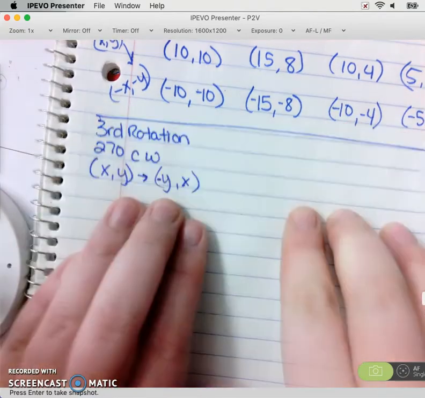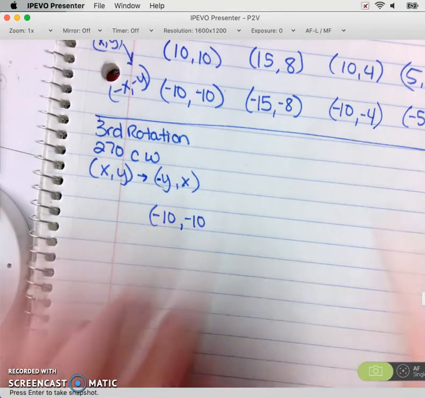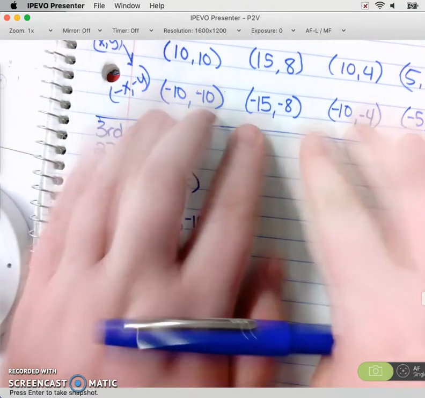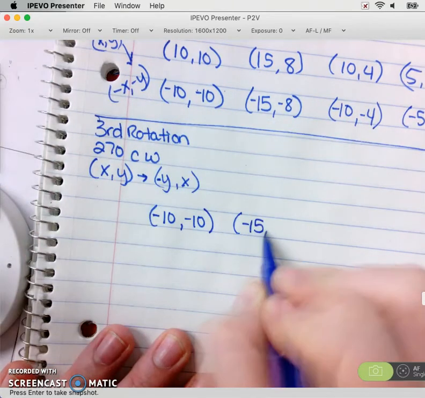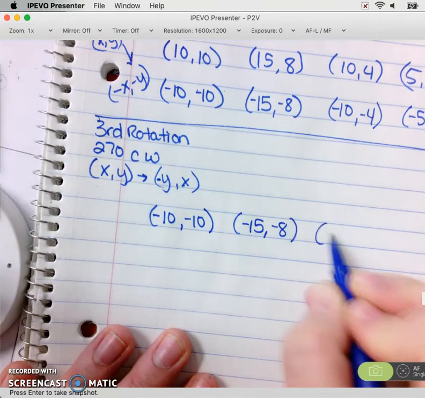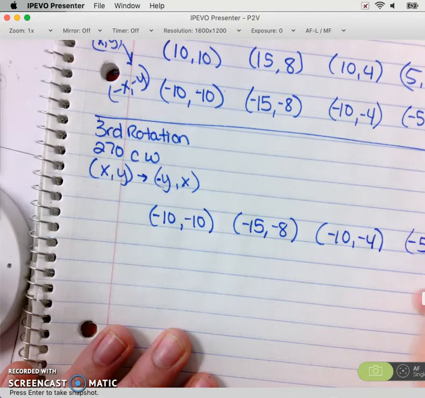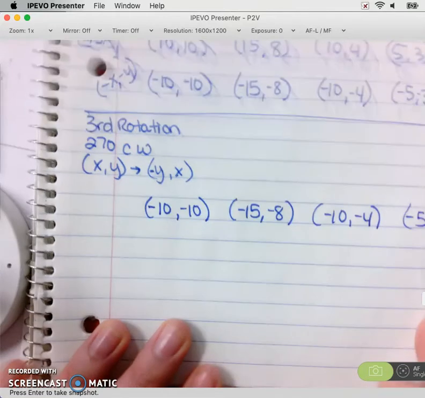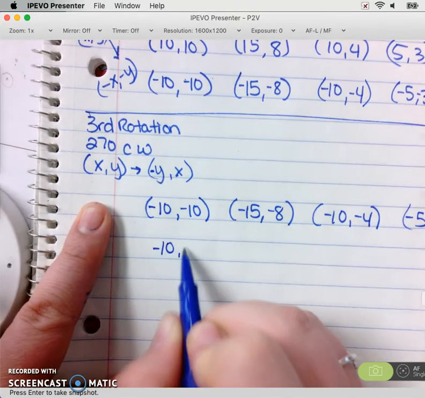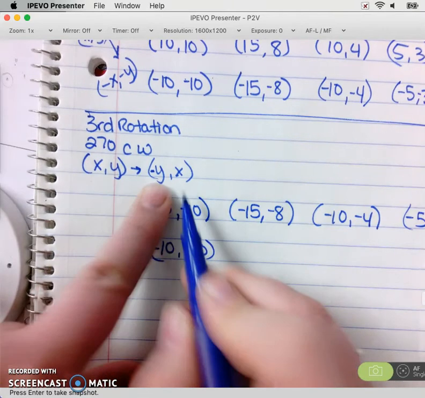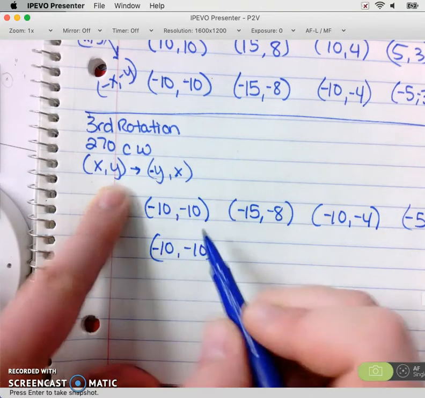So I'm going to rewrite my 4 points. So negative 10, not my original 4 points, the last 4 points that I made. Negative 15, negative 8, negative 10, negative 4, negative 5, negative 3. Those 4 points I need to flip. So negative 10, and then the y becomes the opposite.